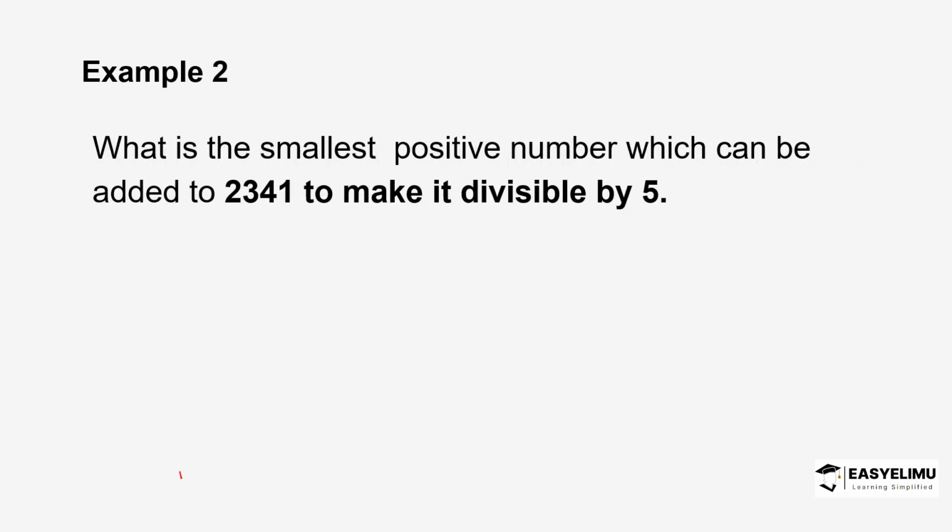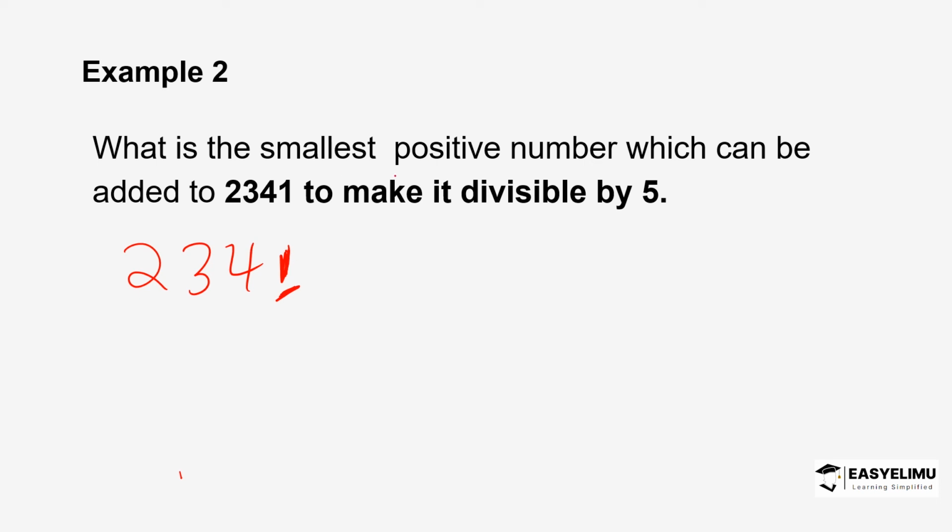So again, what is the smallest positive number which can be added to 2,341 to make the number divisible by 5? So we have 2341. So you only need to check the last digit should be 5.